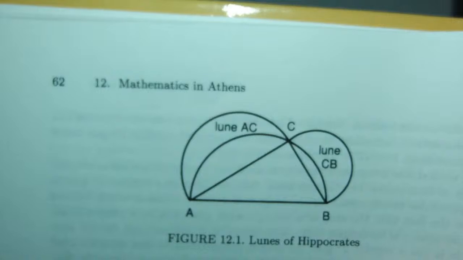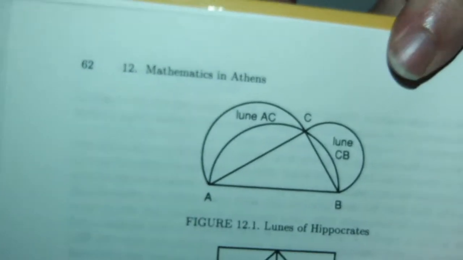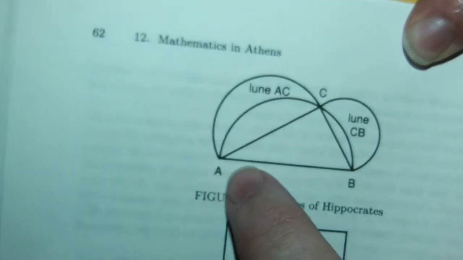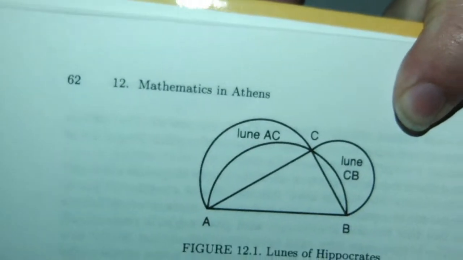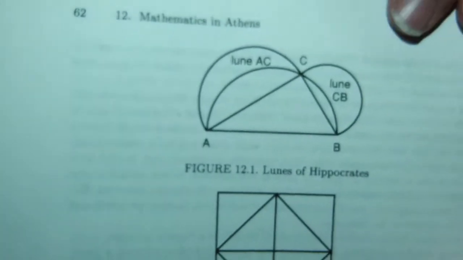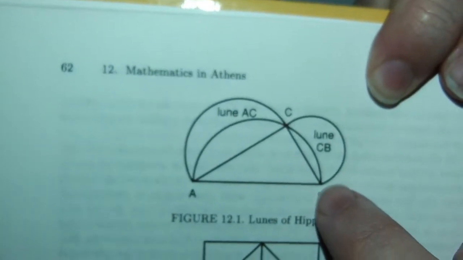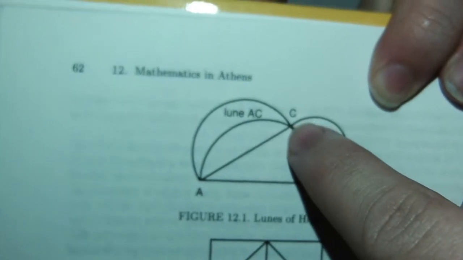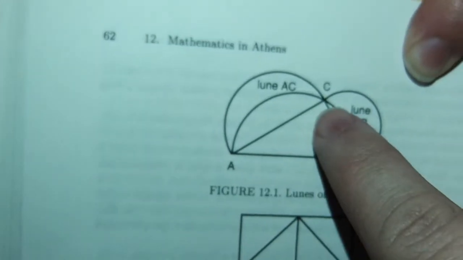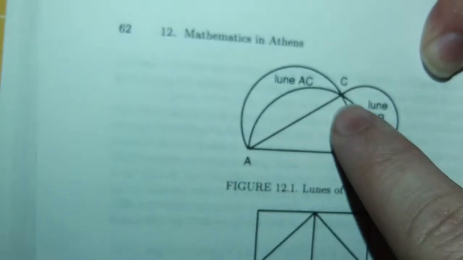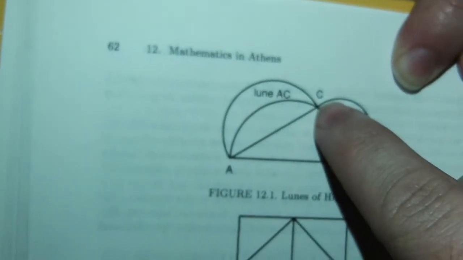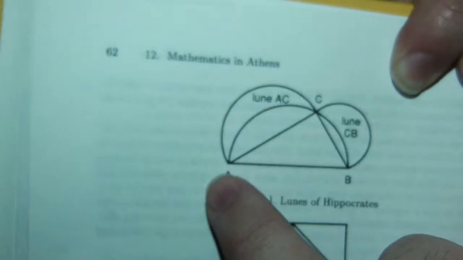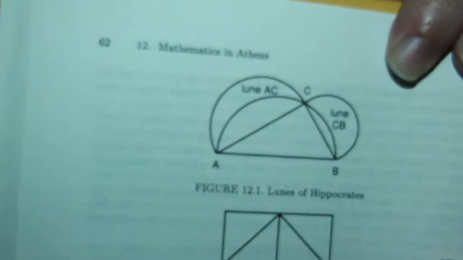Consider this picture. We begin with the semicircle on the segment AB. Now, by the converse of the theorem of Thales, we can choose this point C here on the semicircle, which makes this triangle ABC a right triangle.